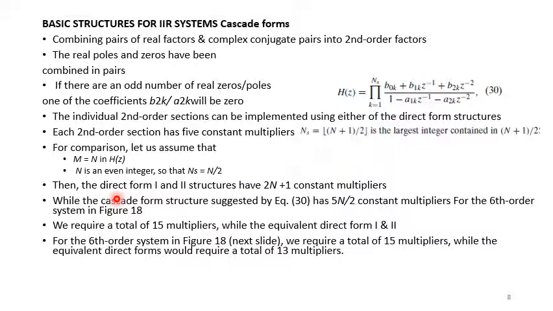Then the direct form 1 and form 2 structures have 2N plus 1 constant multipliers, while the cascade form structures suggested by equation 30 have 5N by 2 constant multipliers. For the sixth order system, as shown in figure 18, we'll see on the next slide, we require a total of 15 multipliers, while the equivalent direct form 1 and form 2.